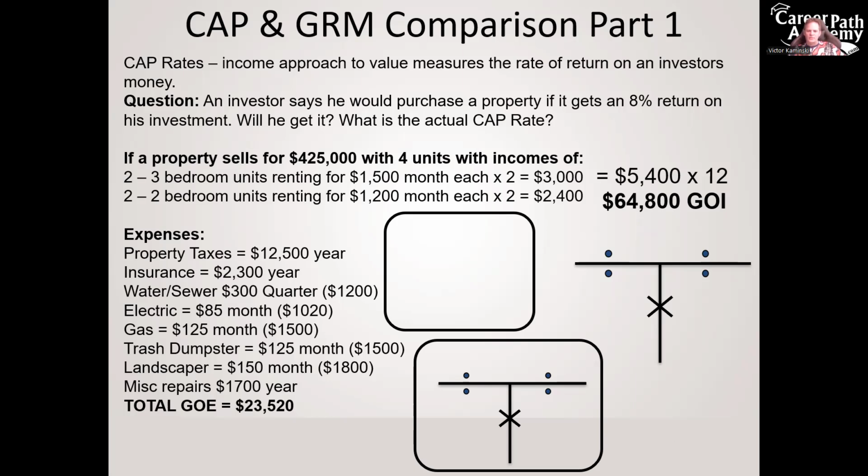It's the small number on the top. But what is the small number? Tell me which number that is. Here's your gross monthly rent. Here's your gross annual rent. Here's your expenses. Here's the sale price. What number goes where?